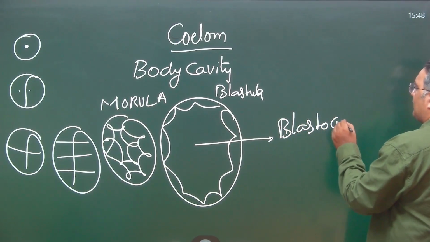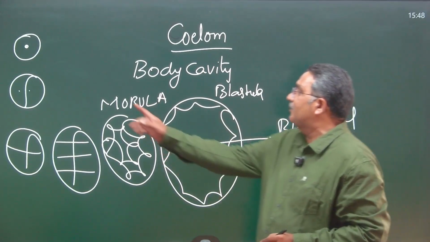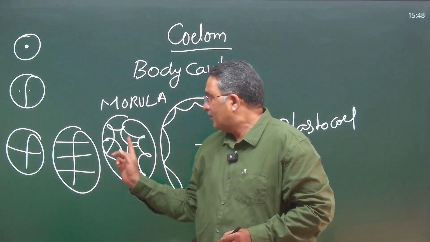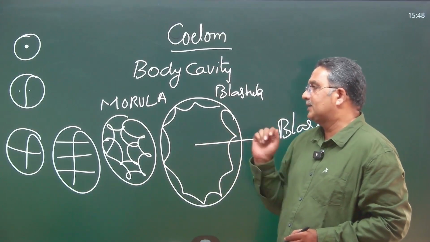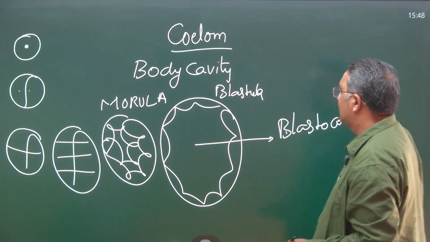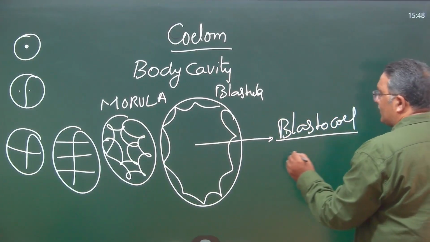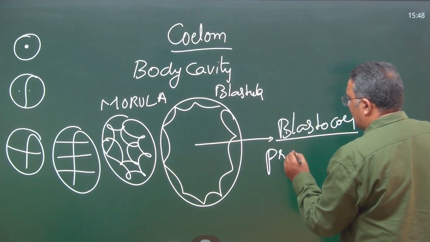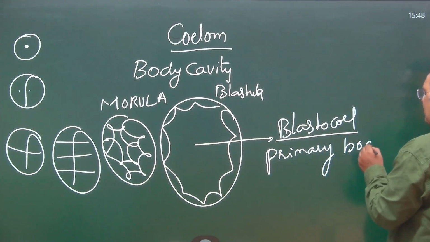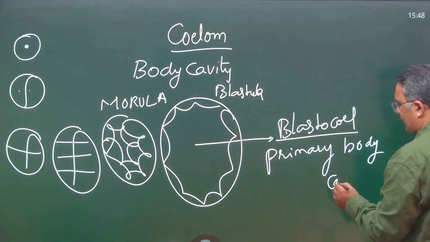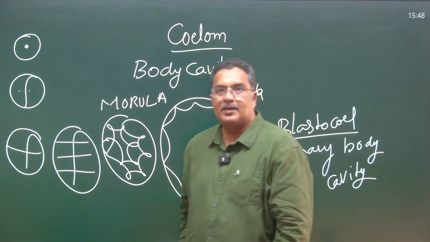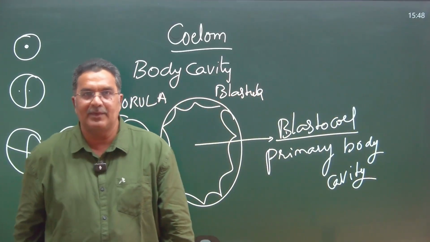First time during the process of development, zygote, 2 cell, 4 cell, 8, morula. After morula, whatever stage appeared first, that stage got a cavity. First time a cavity appeared, that's why you can call this cavity the primary body cavity.